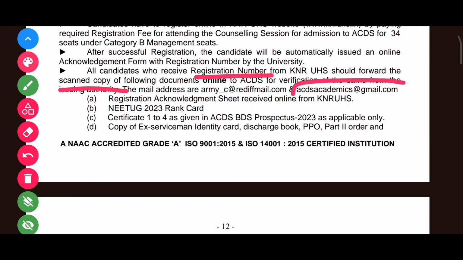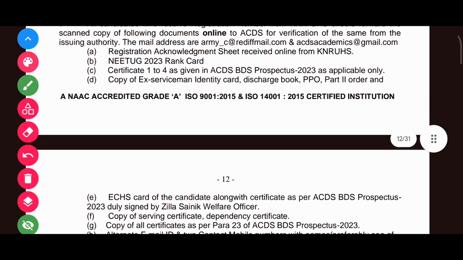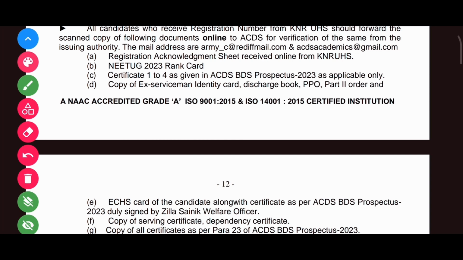On which mail? This is the mail. So what all documents you have to mail them? It is these documents. So the registration acknowledgement sheet that you received while doing the registration, then your NEET rank or marks card. Then there are few certificates given at the end of this prospectus. I'll show you later. So you have to fill those certificates and you have to mail them. Then a copy of ex-serviceman identity card.